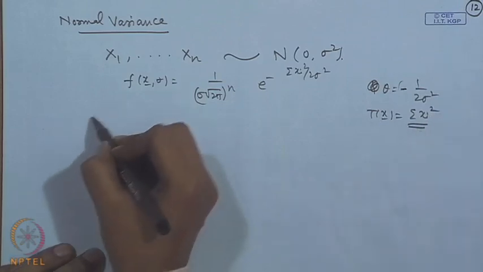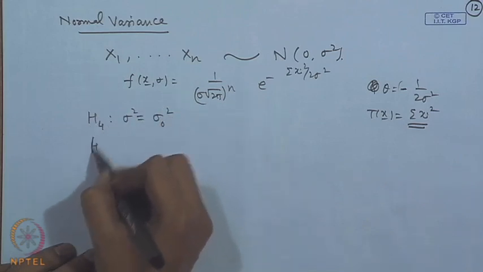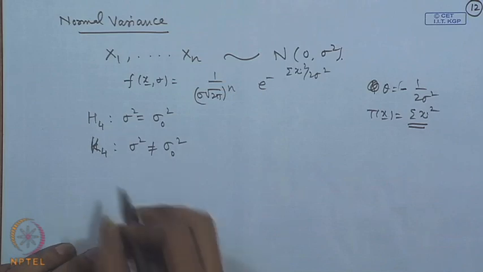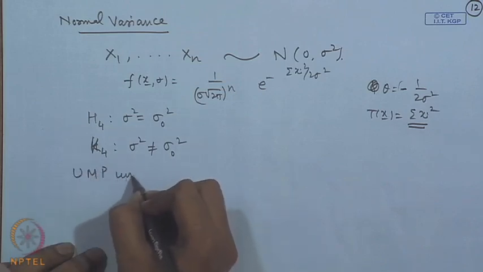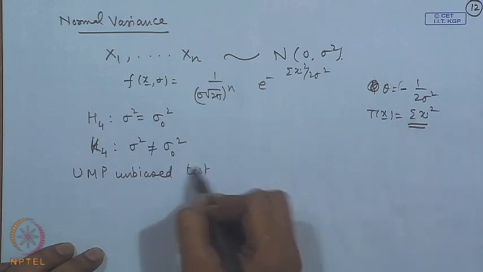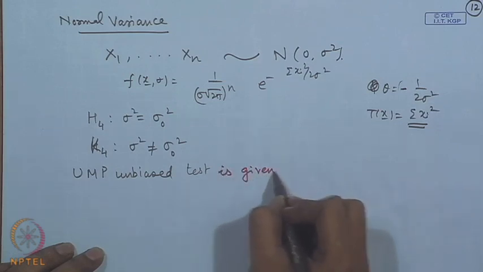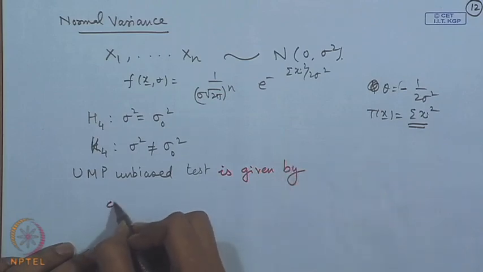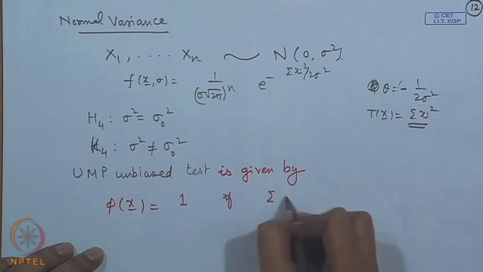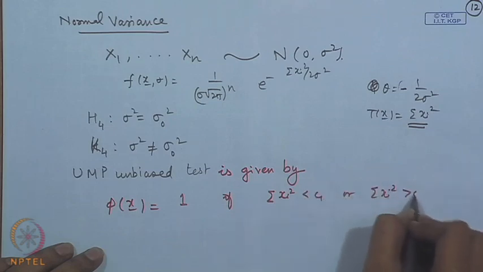So, if I consider the testing problem, sigma square is equal to sigma naught square against sigma square is not equal to sigma naught square, then the UMP unbiased test is given by phi(x) is equal to 1 if sigma x i square is less than C1 or sigma x i square is greater than C2.